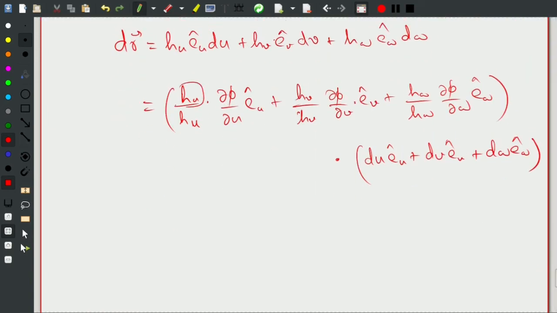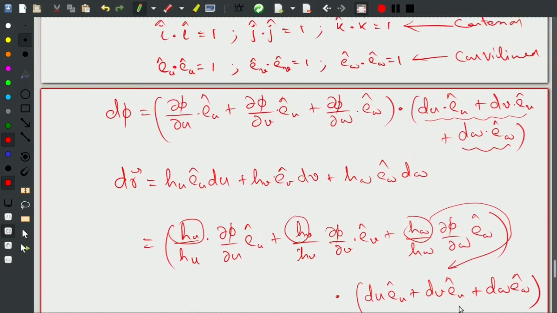Next I am relocating these numerators, h_u, h_v and h_w, to this side, so that I can rewrite this equation as dr. That's the motivation.